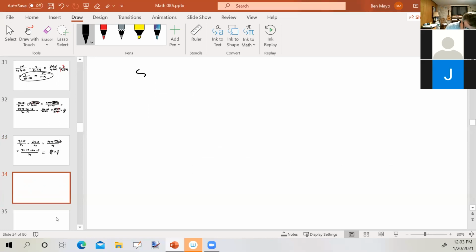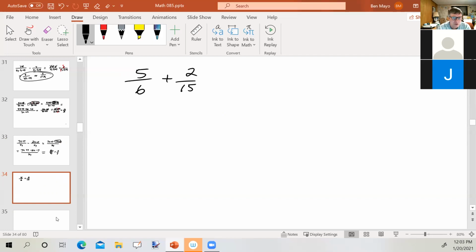Let's say we had 5/6 plus 2/15. Okay. Now, a common denominator would be 6 times 15, which is 90. But that might not be the least common denominator. And in arithmetic, you can get away with just using that big number.